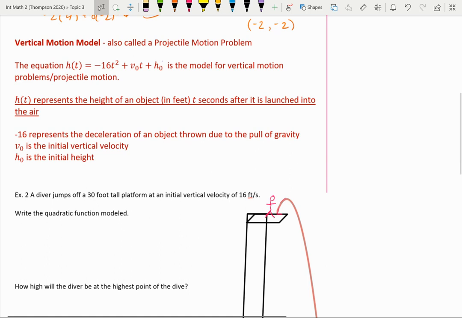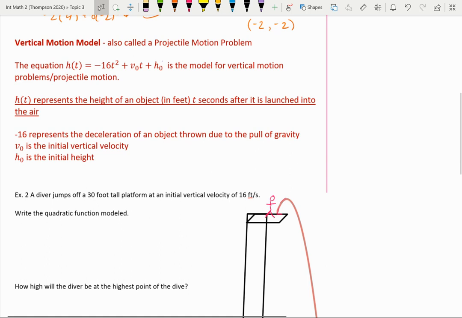So we have this equation, h of t is equal to negative 16 t squared plus v initial times t plus h initial. Let's break this down and talk about what all of these pieces are.